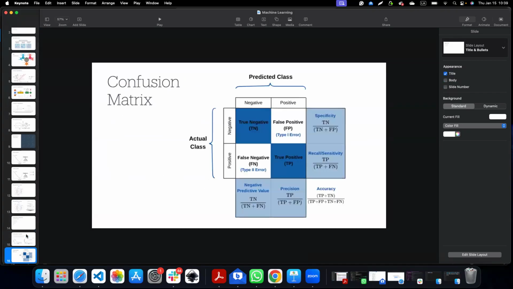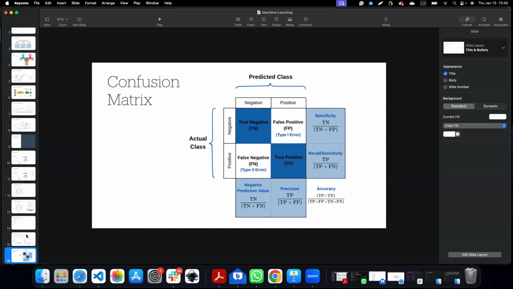And okay, this is what I actually wanted to talk about, which is the confusion matrix. So the idea is that you want to plot in a matrix the correct guesses and the incorrect guesses of the data. So you're going to have a true negative, a false positive, a false negative, and a true positive.